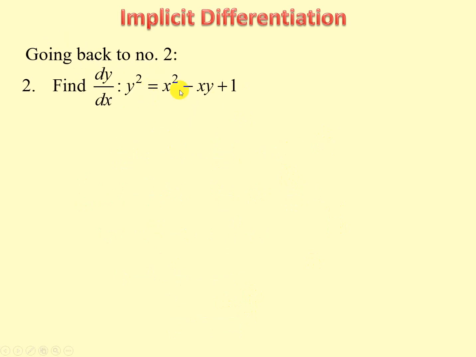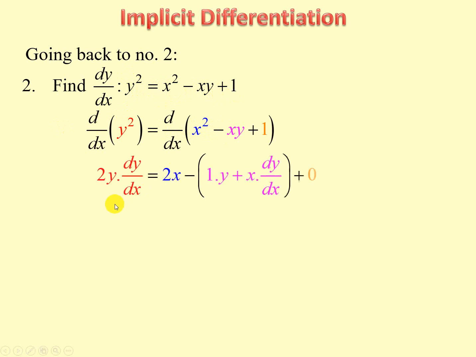Going back to number 2, that's the one where we had to use a quadratic equation in terms of y, and use quadratic formula. Now we're going to use implicit differentiation. So we're going to differentiate both sides, which means we differentiate each term.